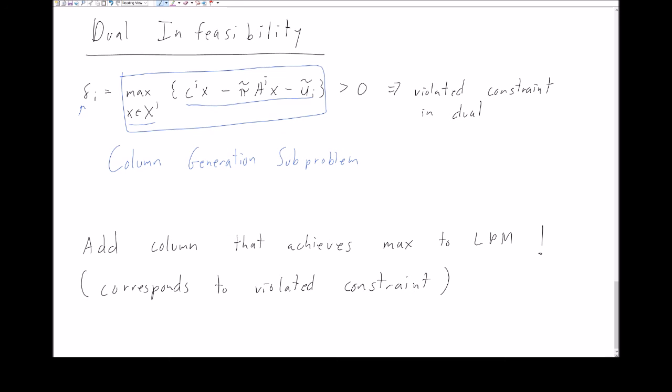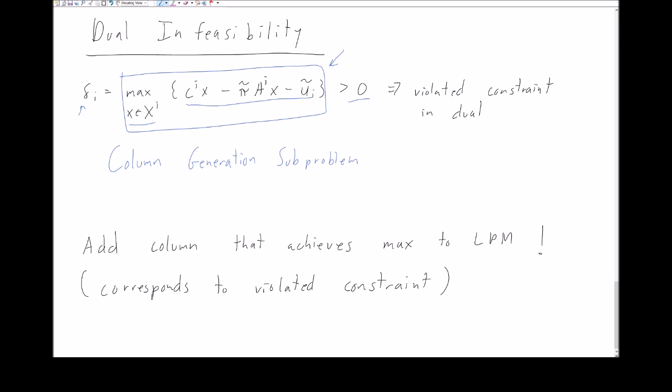If we find that delta I is greater than 0 for some I, then we can conclude that there's a constraint that's violated in our master dual problem. In effect, this is solving a separation problem. We have a dual problem, we know that it's infeasible, and we've found some constraint that's going to be violated. In this case, the constraint that's violated is the one that's associated with the maximum.